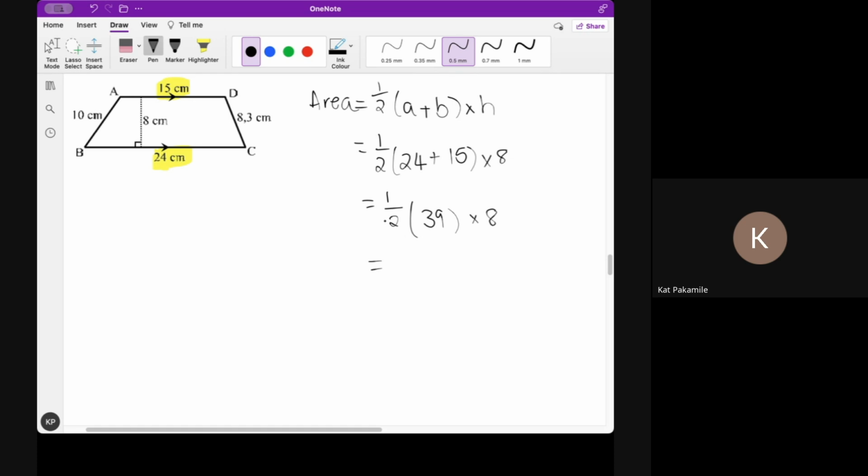It's 156, and our unit is centimeters squared. The only thing to remember here is the correct sides to use, which are the ones that are parallel.